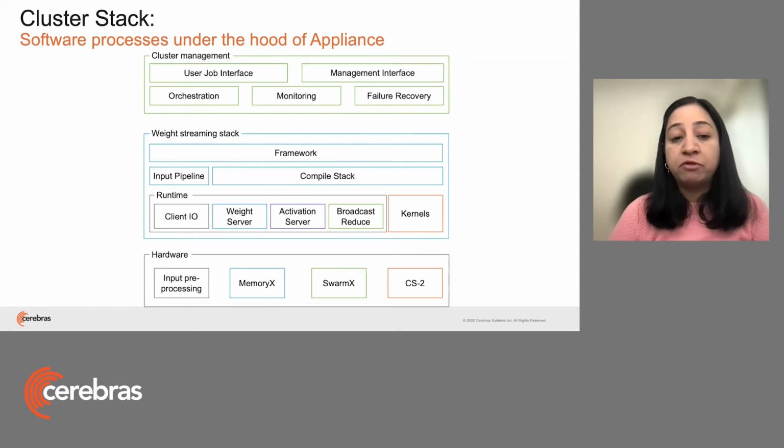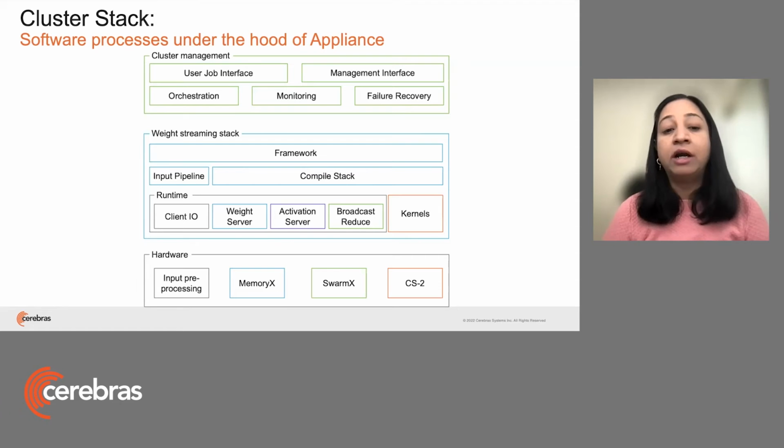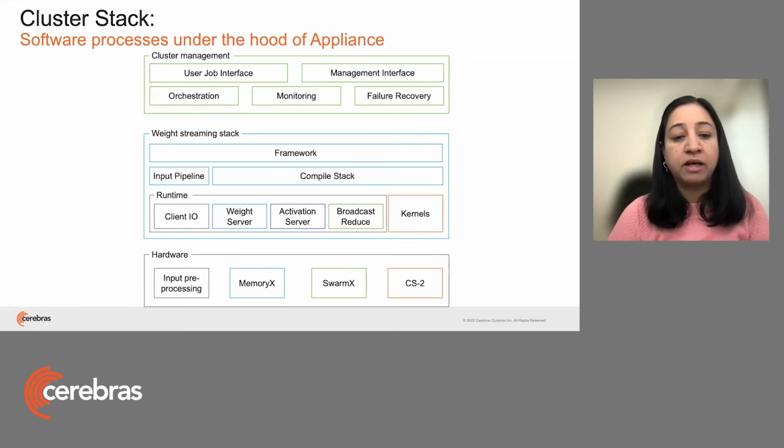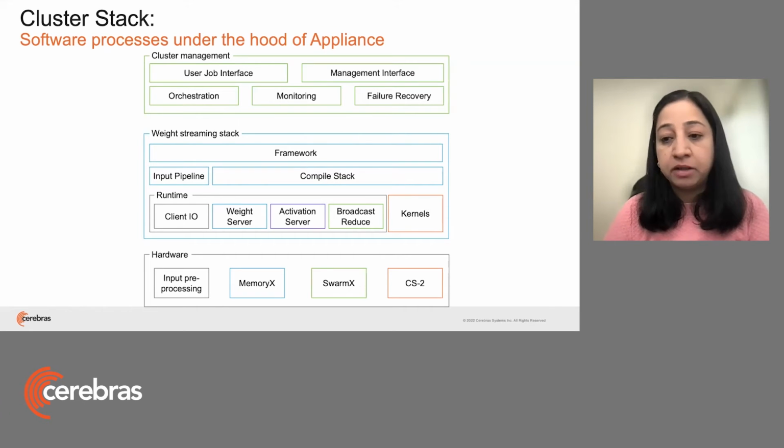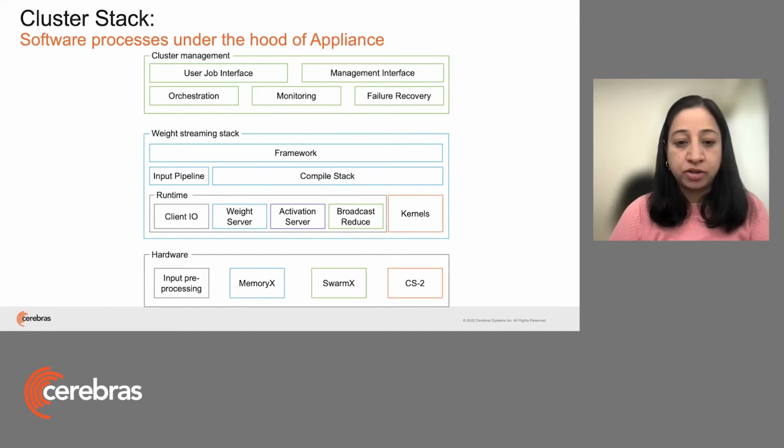But apart from the framework piece, there's also the input pipeline, which is extremely crucial here. Data loaders and how you would use the input pipeline in order to feed into the CS2 and not bottleneck or starve CS2s of data. At the same time, all the stack around compilation, like how the conversions happen, how we map, how we utilize some of the advantages of our multi-million core Wafer-Scale Engine.